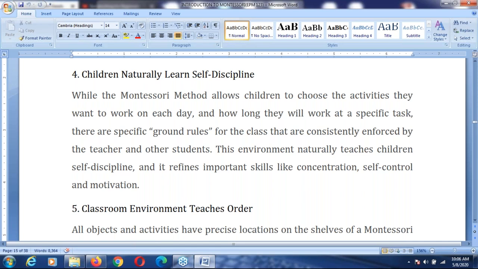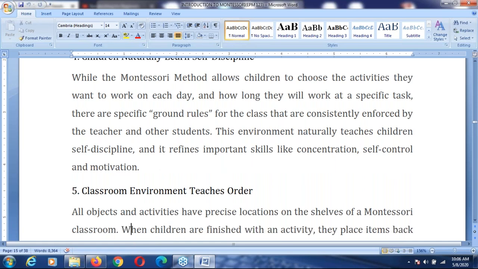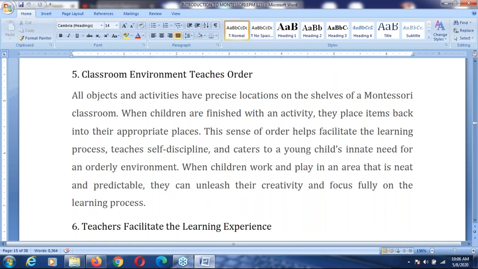Another benefit of Montessori education, the classroom environment teaches order. All objects and materials the children make use of have specific locations on the shelf.